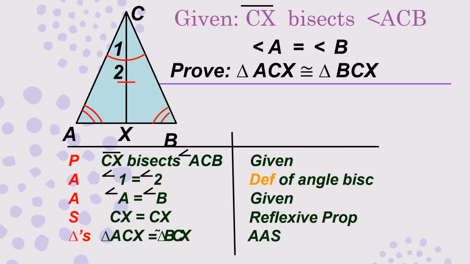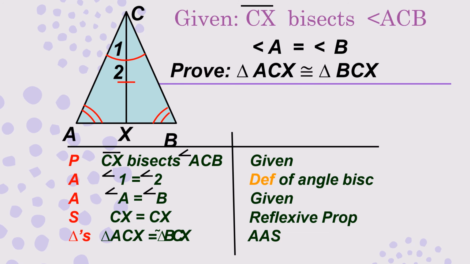In this figure, CX bisects angle ACB. Angle A is equal to angle B. Can you prove that triangle ACX is congruent to triangle BCX? Let us see. CX bisects angle ACB. What does it mean? That means CX divides the angle C into two equal parts.